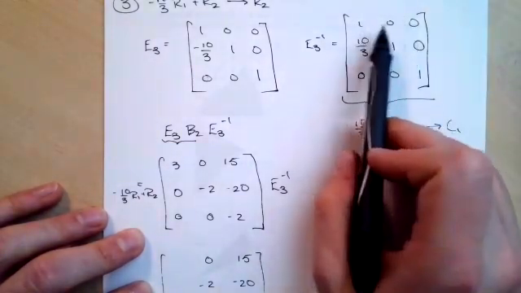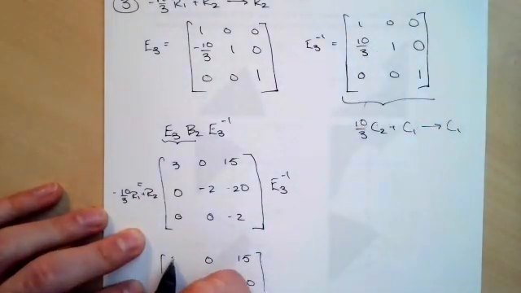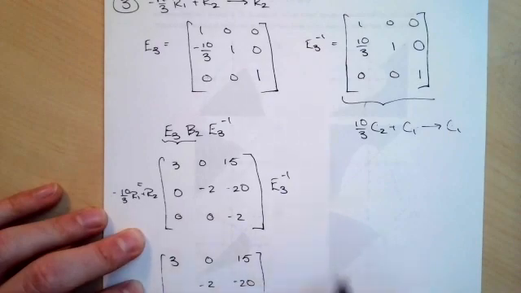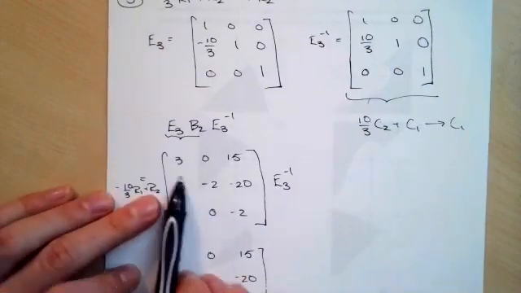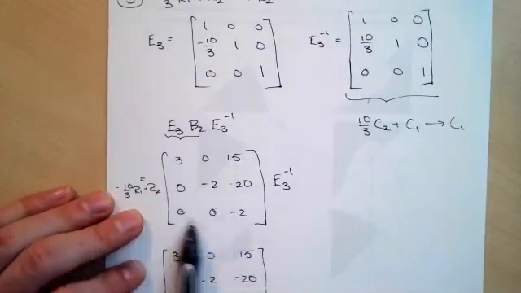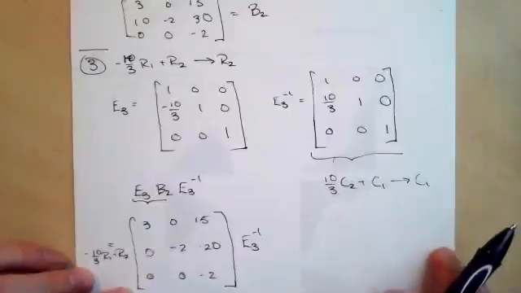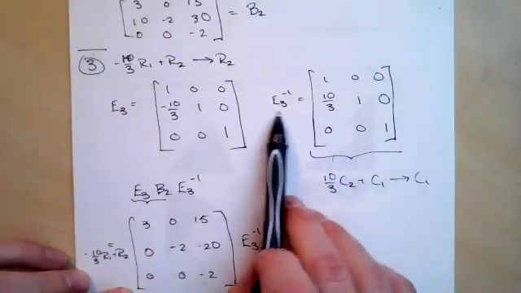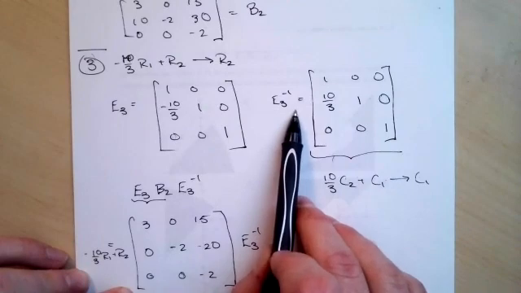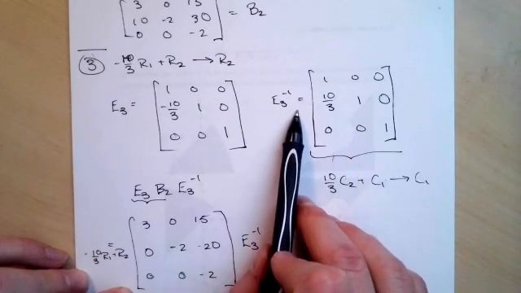Let's see if we can work this out. So we've still got this 3, 0, 15. And the problem now is we want this diagonal matrix, or at least the upper triangular matrix. But the problem now is our column operations are getting in the way of that.